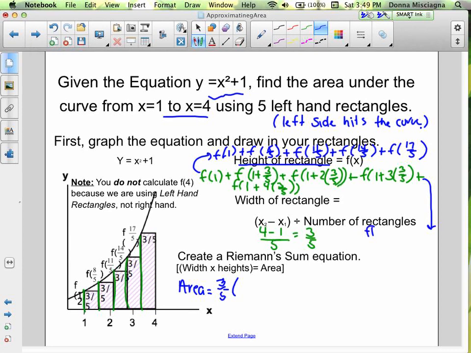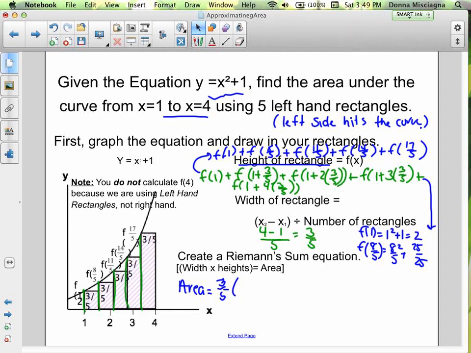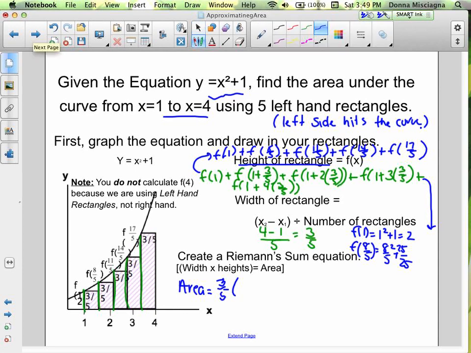So f of 1 would be 1 squared plus 1, which is 2. f of 8/5 is going to be 8/5 squared plus 25/25, because if I square 5, I'm going to have 25 in the denominator there. So that's going to be 64/25 plus 25/25, which is 89/25.